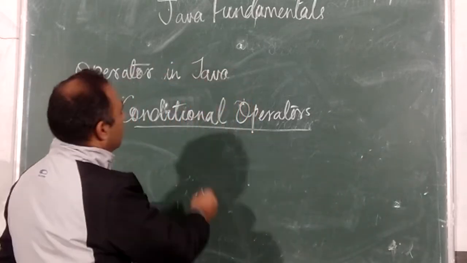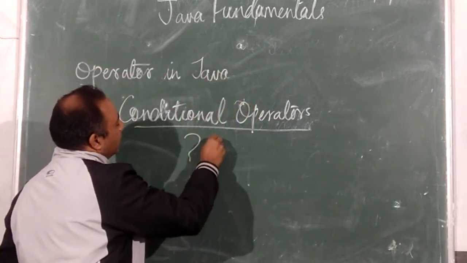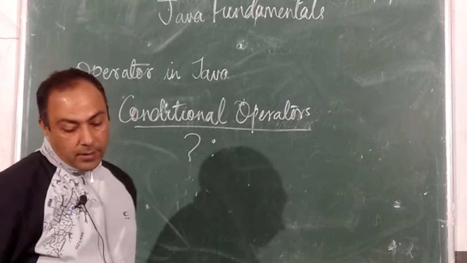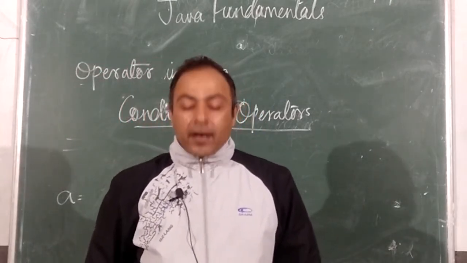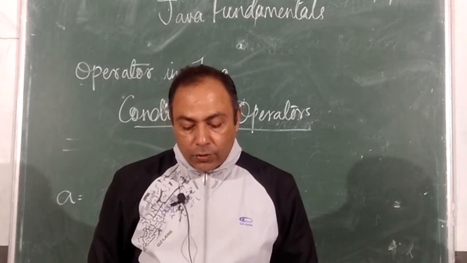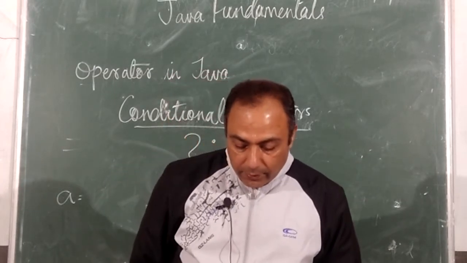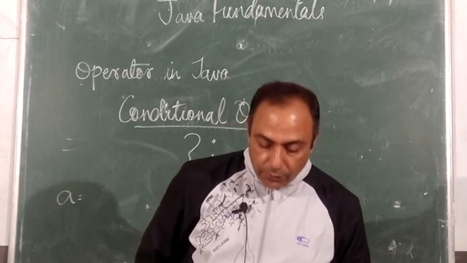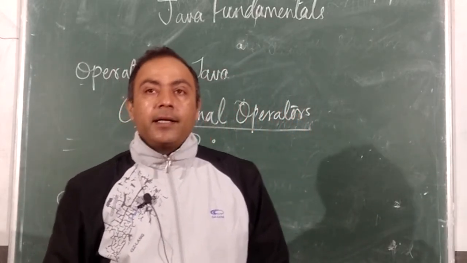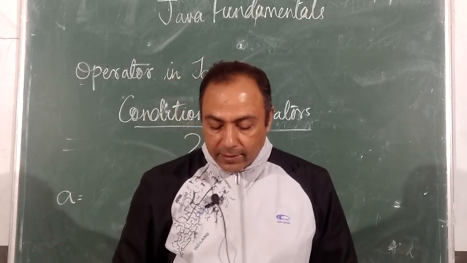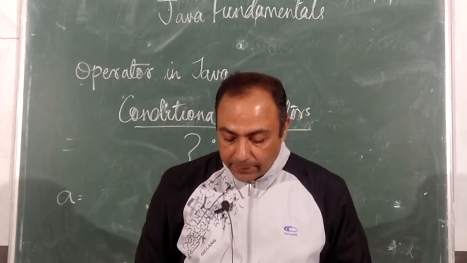The symbol of the operator is the question mark and the colon. It stores a value depending upon the condition. This operator is also called the ternary operator, and it requires three operands.